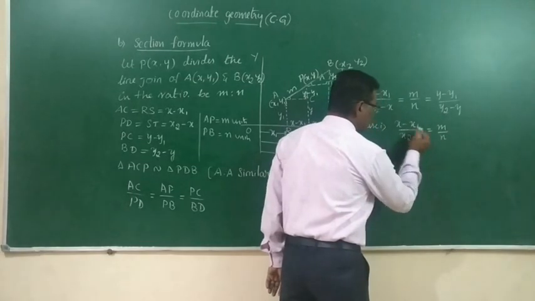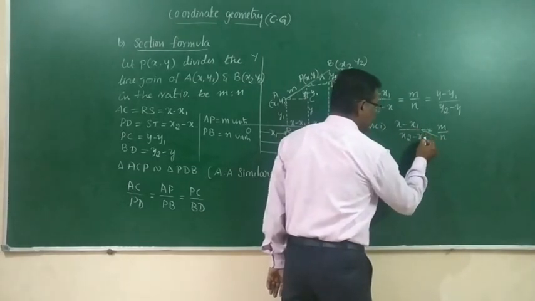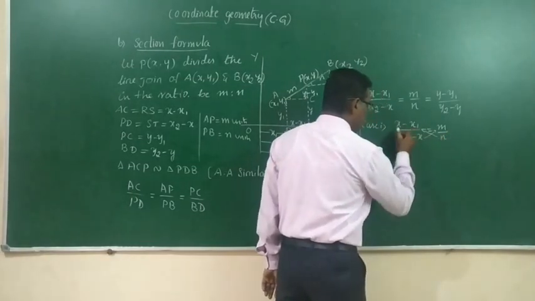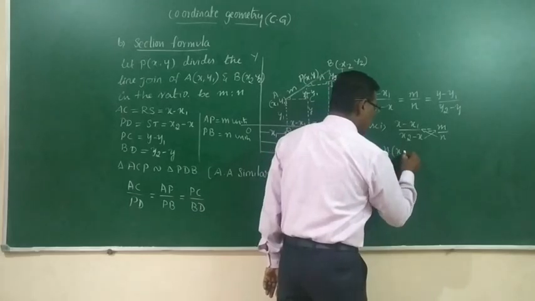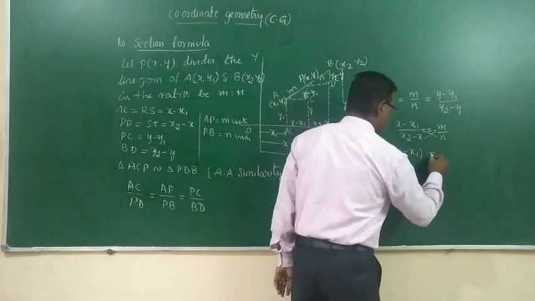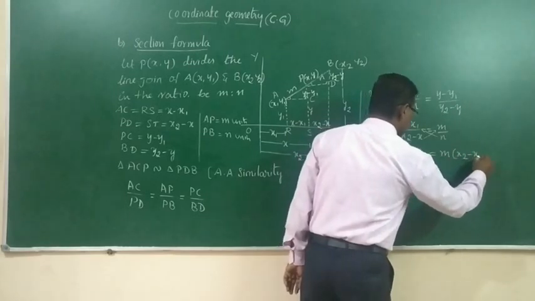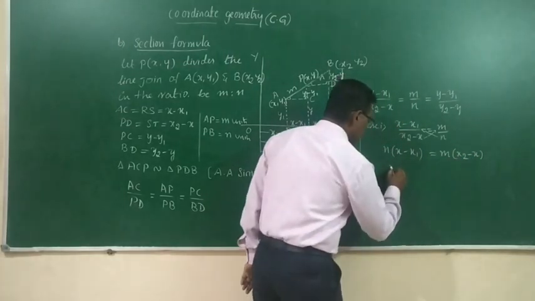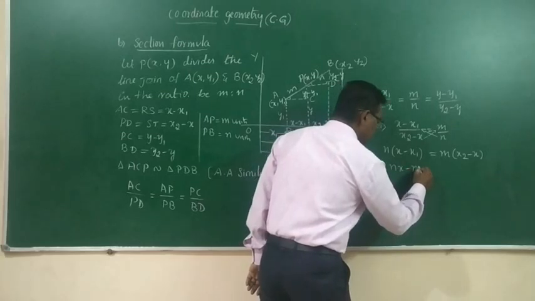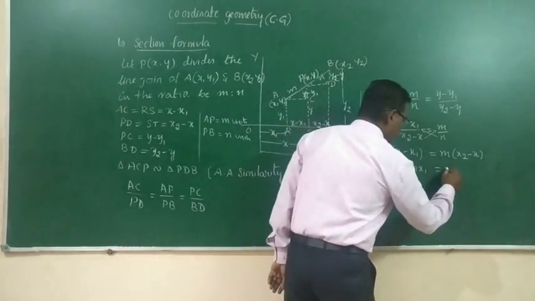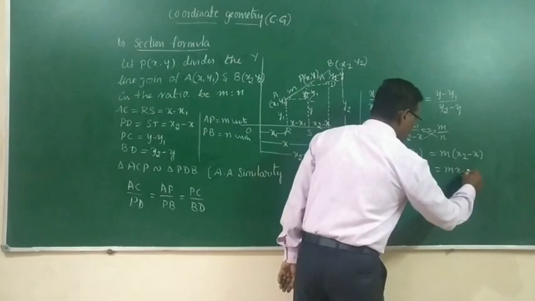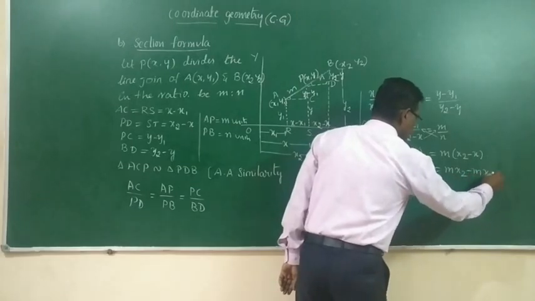By transposing, n into x minus x1, m into x2 minus x, that is nx minus nx1 equals mx2 minus mx.